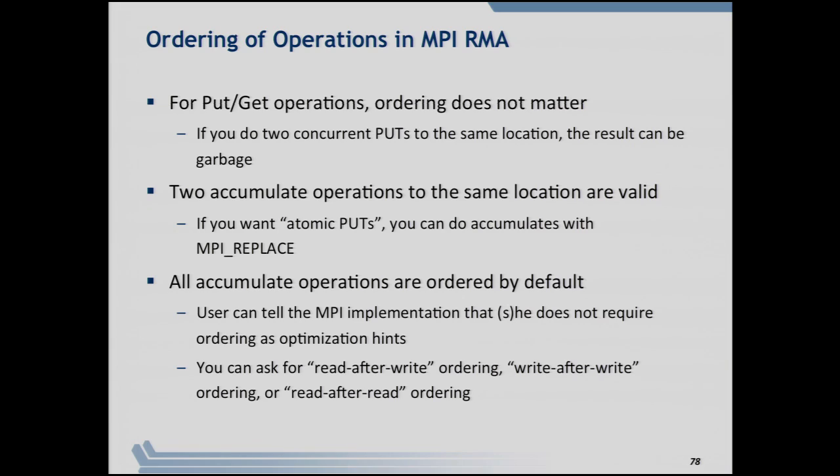So that's how MPI 2 is defined. Now, there are times, however, when it's really awkward not to have any ordering. So what we've done is the accumulate operations do allow you to specify ordering. And you can turn off the ordering. You have sort of fine-grained control of the ordering. And that allows you to give the implementation the opportunity to get good performance.